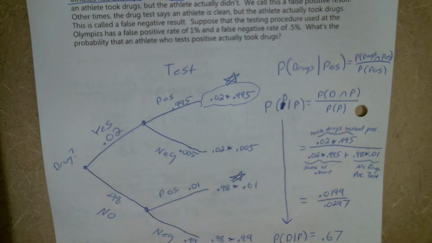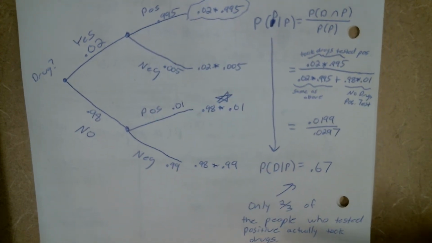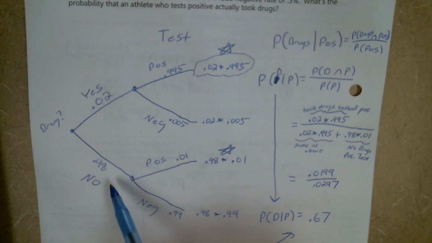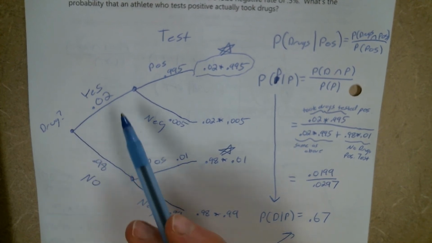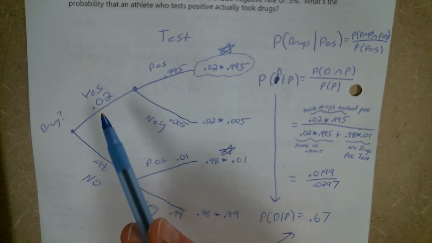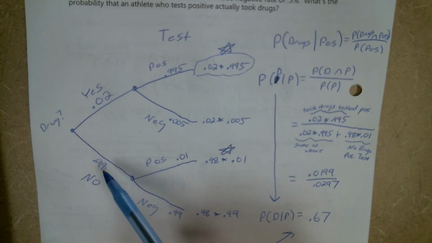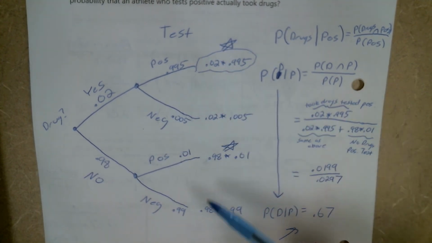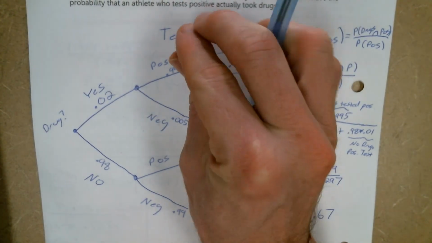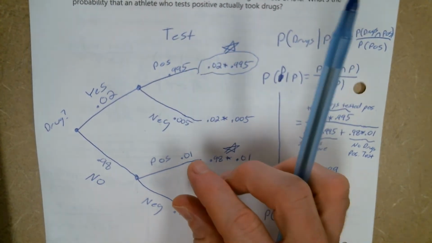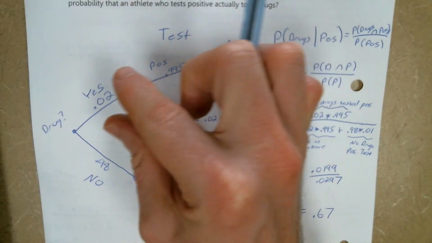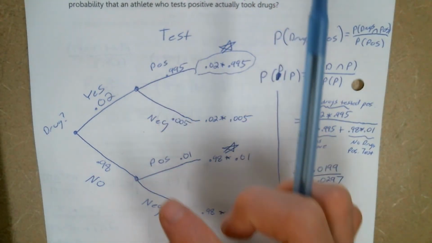So it leads to this counterintuitive result of only 2/3 of the people who tested positive actually took drugs, because we underestimate the impact of this initial probability, this fact that only 2% are yes and 98% are no. And we miss the fact that even though these are accurate, they're acting on a much bigger sample. Down here, they're acting on a much bigger sample. Up here, they're acting on a much smaller sample.